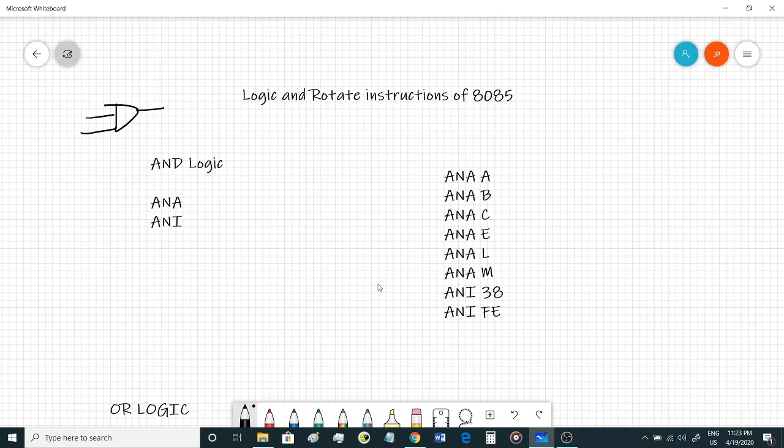ANA stands for AND with accumulator, and the accumulator can be ANDed with any of these registers. You can AND with A itself, or with other registers like B, C, D, E, H, L. You can also do the AND operation with the memory location pointed to by the HL register.